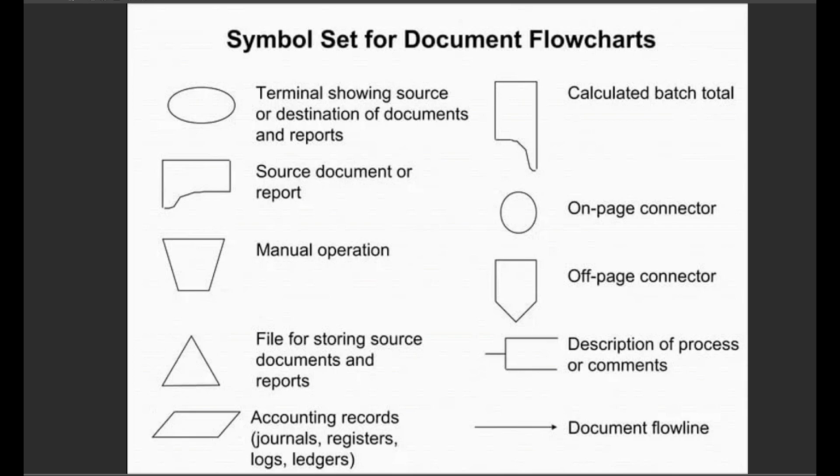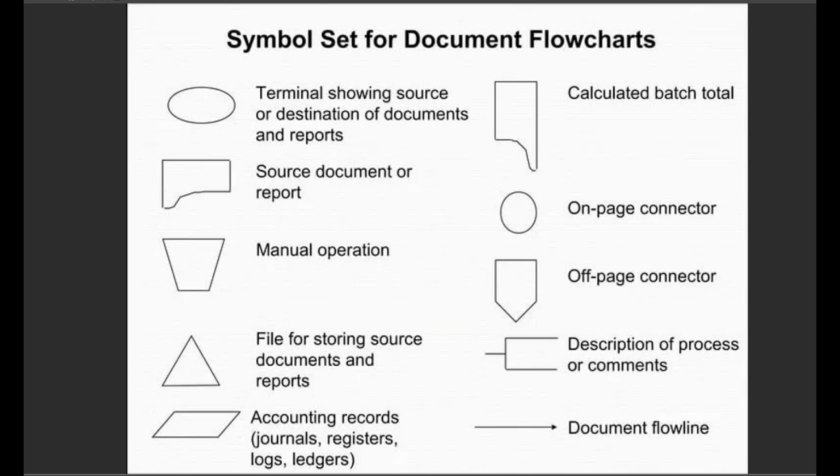Okay, so the symbol set for the document flowcharts gives us the analogy on what is really happening inside this process and who does it. So we have here several symbols. We have an oval, or sometimes a rectangle with rounded edges. It is a terminal showing the source or destination of documents and reports.